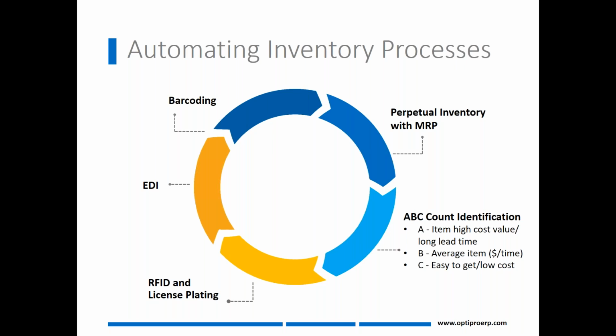And again, very important in putting all of this together is we're automating processes and taking out the chance of human error, whether that be, I can't read that scribble, or I transpose the numbers, whether it be a part number transposition or a quantity transposition error.